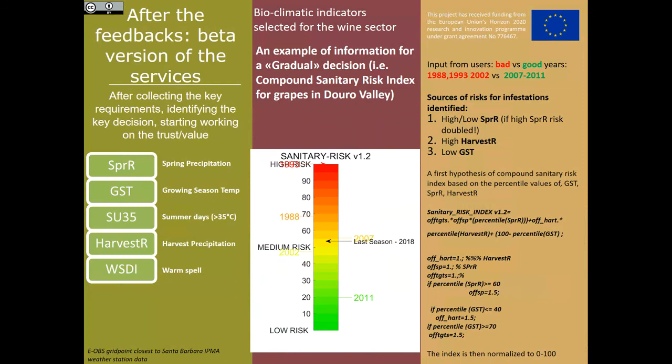And this ranking fits well with the memory of the colleagues in Sogrape. So the highest risk reported is for 1993. I don't know if you can see now the red arrow.